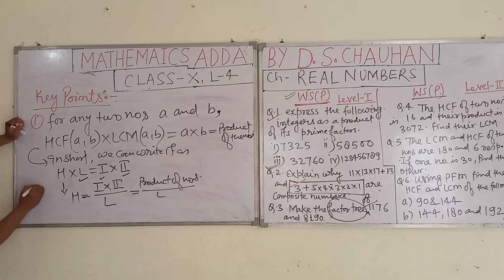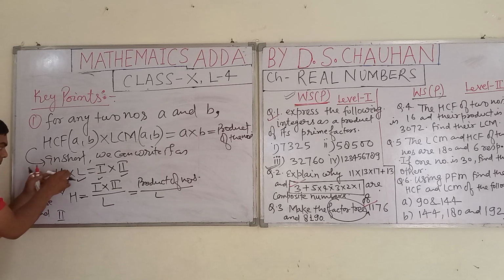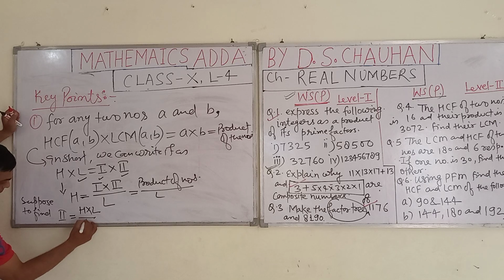Suppose you have to find the second number. What is given? The first number and the HCF and LCM of the numbers are given. So the second number could be, from here, HCF into LCM upon first number.